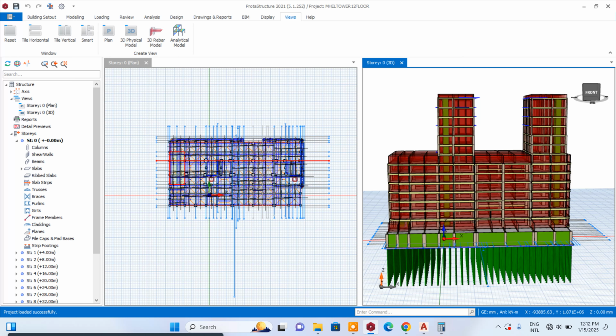In this case we're using Protastructure. We tried to use PileSoft. It's a good software that can help you calculate the number of piles, so that Protastructure doesn't over design. But even at that, if it doesn't work, you try a different type of foundation design.